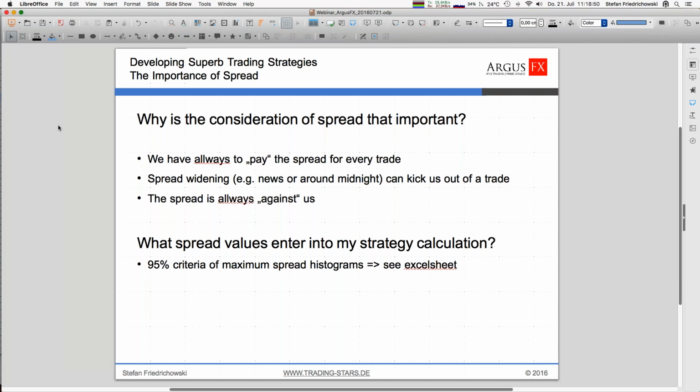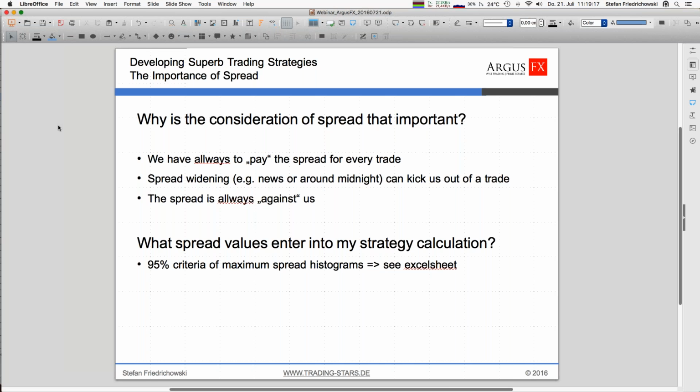Why is that? Simple answer: the spread itself is, let's call it, a measure of the liquidity within the market. And with less liquidity, the spread goes up. Therefore, around midnight, for example, we have less liquidity and the spread goes up.